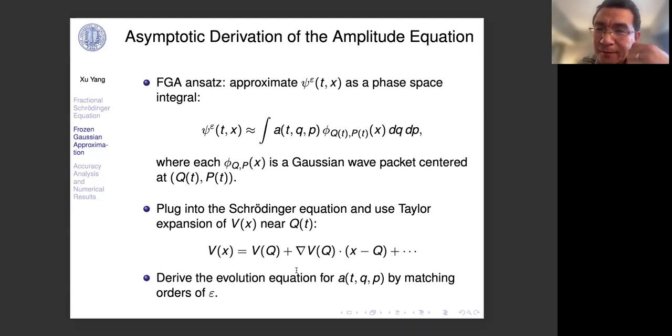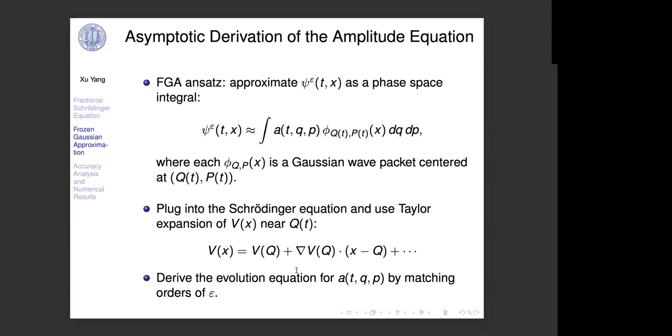So you mean phi is real, or phi should be complex, right? You say it's a Gaussian wave packet centered at q of t, p of t. But the Gaussian wave packet in standard Gaussian beam has a variance that's changing in t.